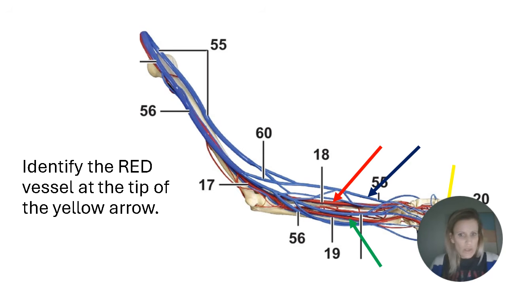The red vessel at the tip of the yellow arrow. So the red vessel means we're talking about the arteries here. Remember, when we look at the arteries here in the arm, we start up here in the underarm area as the axillary artery. And then once we pass the head of the humerus and we get into the arm, that becomes the brachial artery.